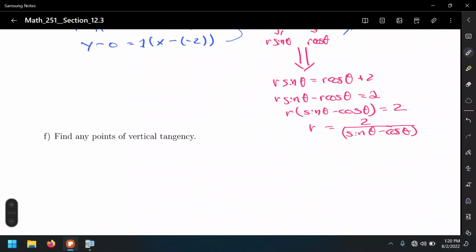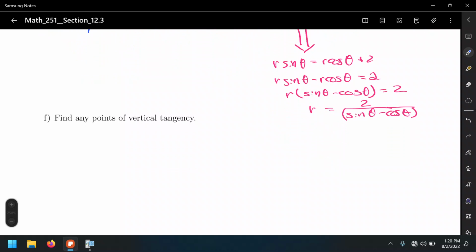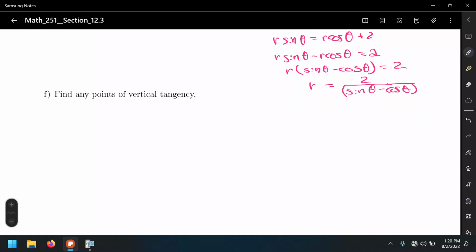So now we're going to find any points of vertical tangencies. And for points of vertical tangencies, you might remember this from Calculus 1, when you want to know where a function has a vertical tangent line, what we need to do is set the denominator equal to 0. Alright, let me write down the derivative again.